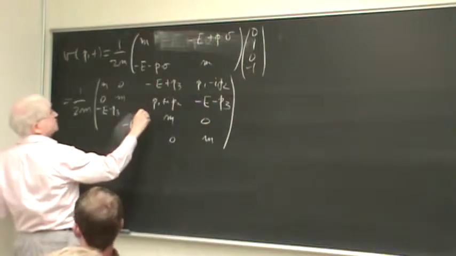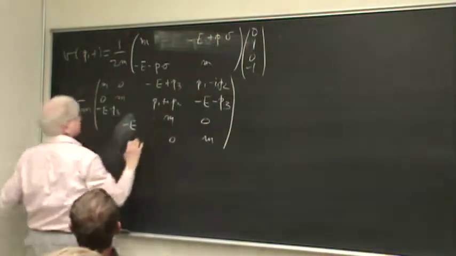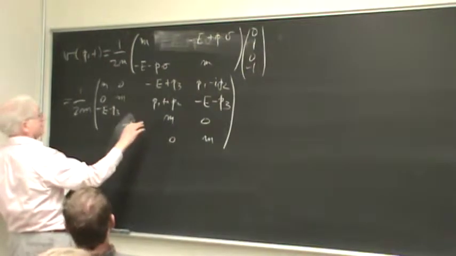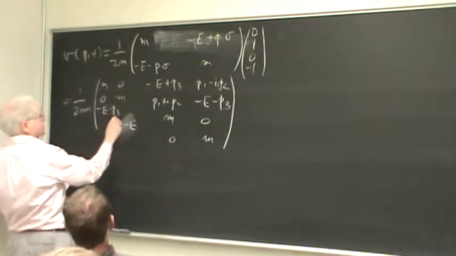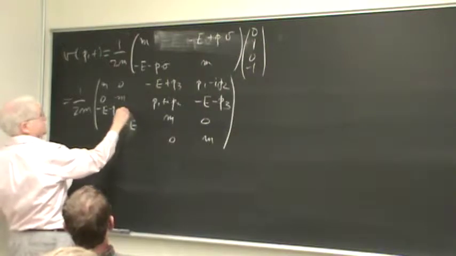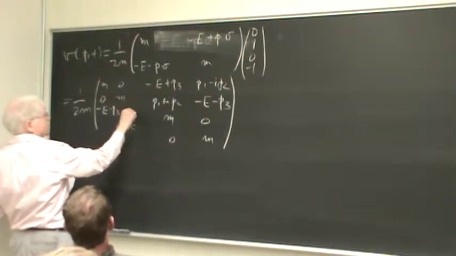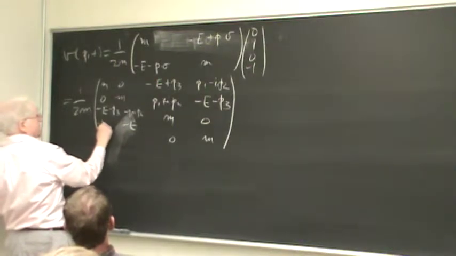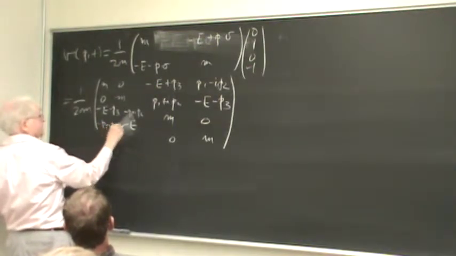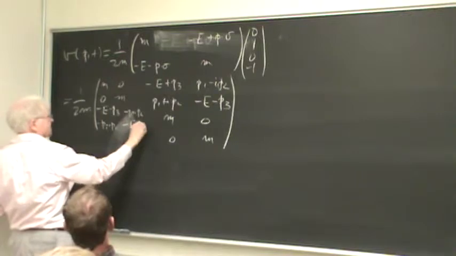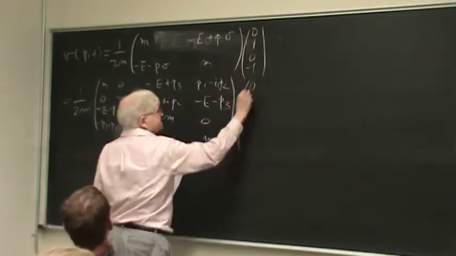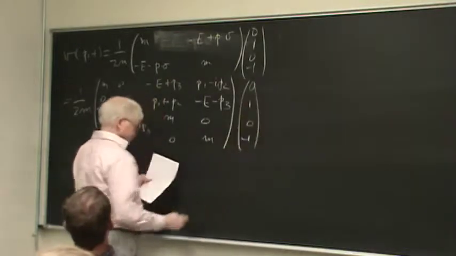Well, it would be the same as this, we just flip the sign of p. So it's minus e minus p3, and then this one is minus p1 plus i p2, and this one is minus p1 minus i p2, minus p3 plus p3. Okay, all that times 0, 1, 0, minus 1.